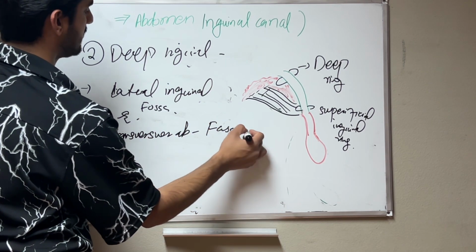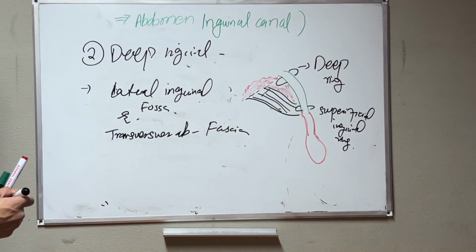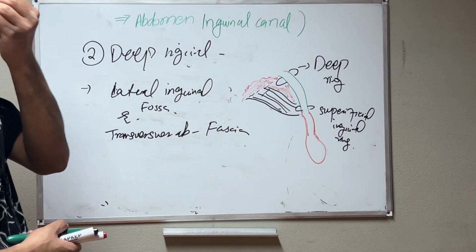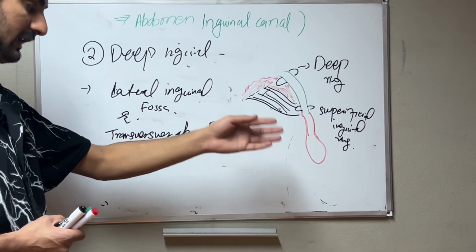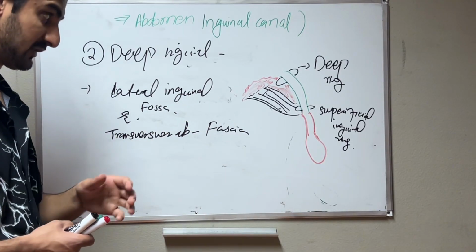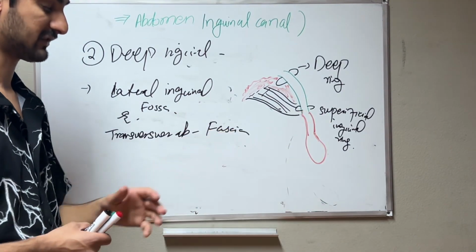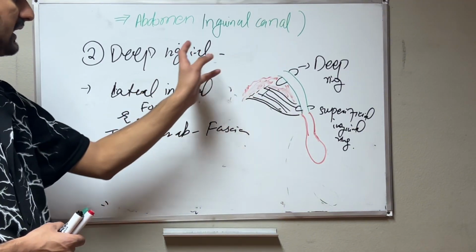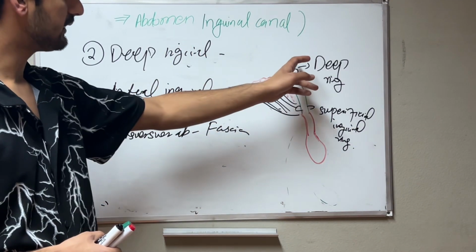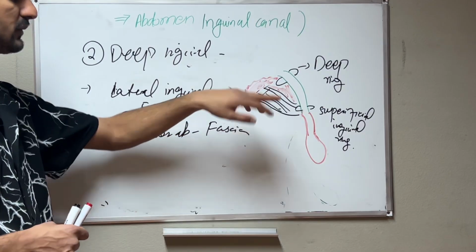These are the locations of the deep inguinal ring. For the superficial ring, it is beneath the skin and the lateral and medial crura of the aponeurosis of the external oblique muscle. And the deep inguinal ring, I told you, is at the lateral inguinal fossa and transversalis fascia.